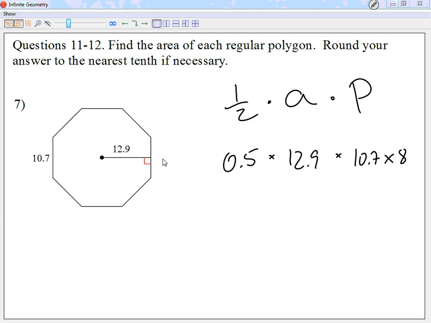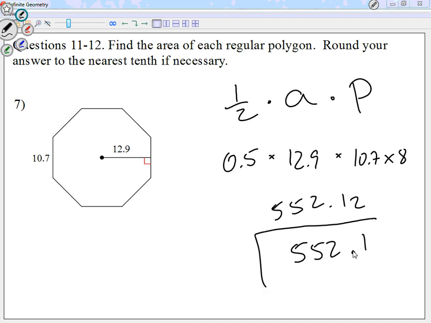So I'm just going to multiply all that. 0.5 times 12.9 times 10.7 times 8. My answer happens to be, on the calculator, 552.12. But because I'm rounding it to the nearest tenth, I'm going to say 552.1. Any questions?